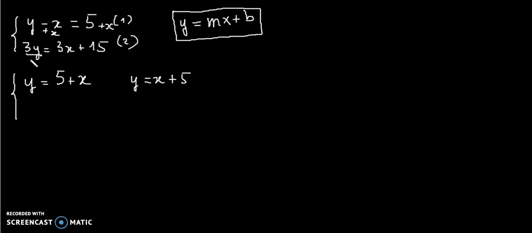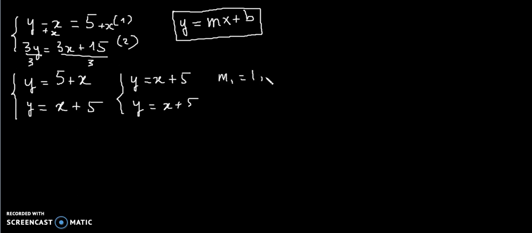And how about this? For this one, again, divide both sides by 3. So in this case, I have y equal to 3x divided by 3 is x, plus 15 divided by 3 is 5. So the second equation is y equal to x plus 5. And this is actually interesting because I have m1 equal to 1, b1 equal to 5.